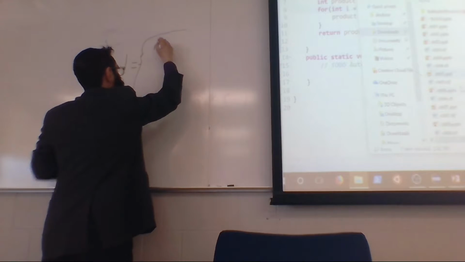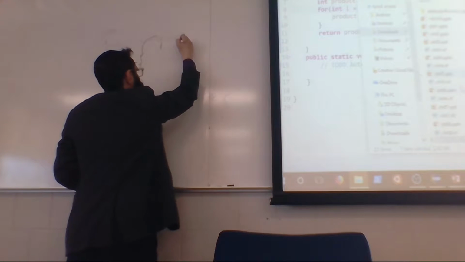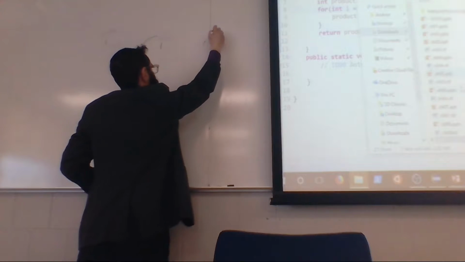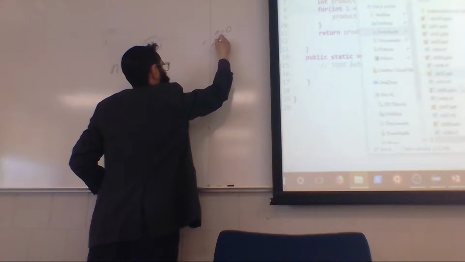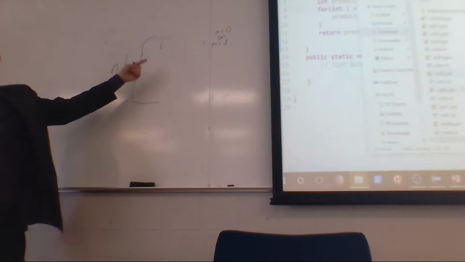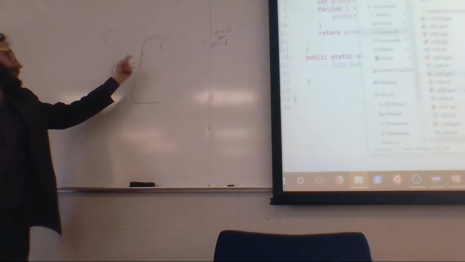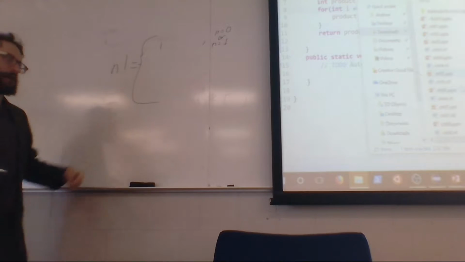a base case: when n is equal to 0 or n is equal to 1, right? That's our base case. If n is 1 or 0, we know that. So if we get n factorial and it was 1 factorial or 0 factorial, we're just going to return 1.